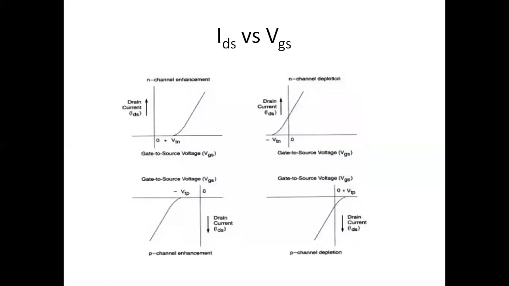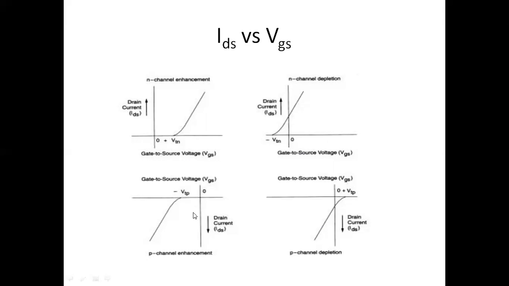So if you observe the relation between IDS and VGS, in case of N-channel enhancement device, you can see here current starts flowing after a certain value of VGS, that is called threshold voltage. And for depletion device, the channel is present already, so current starts flowing right from minus VTN.